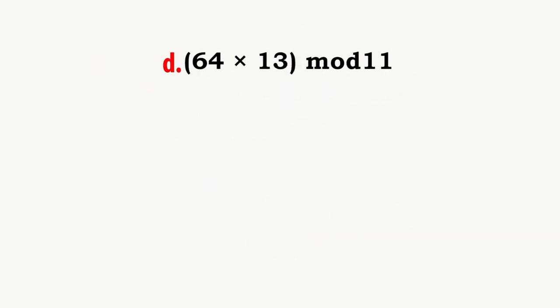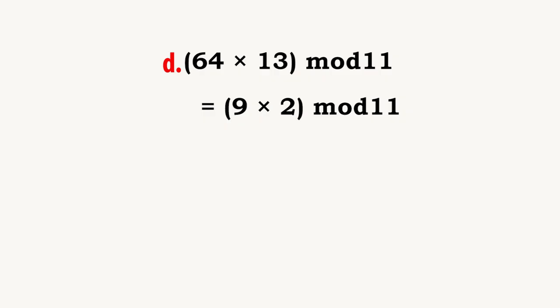Now D, we have 64 times 13 in mod 11. Remember, change each number separately. So we are changing 64 to mod 11. That gives us a remainder of 9. We change 13 to mod 11 and it gives us a remainder of 2.